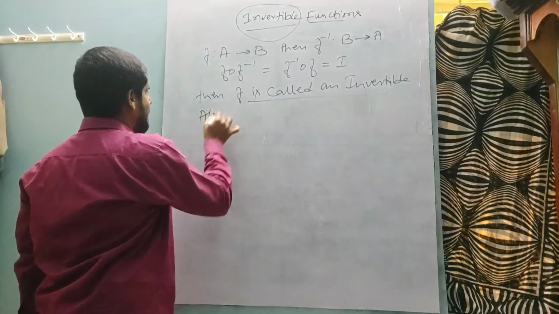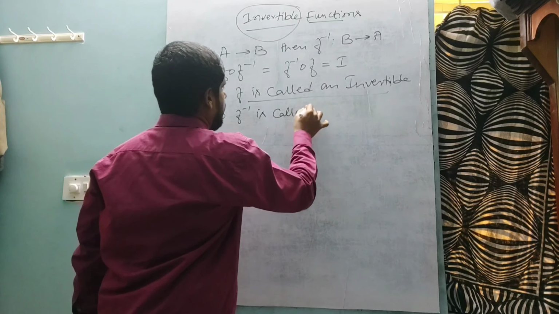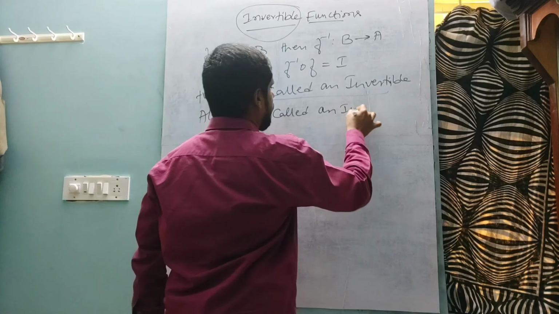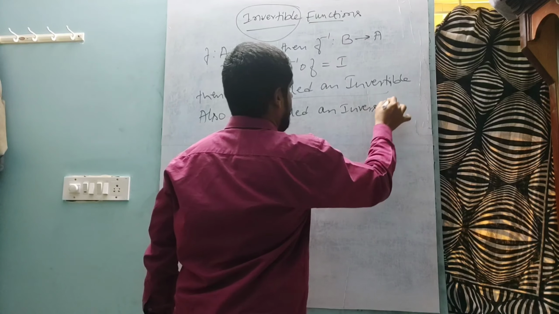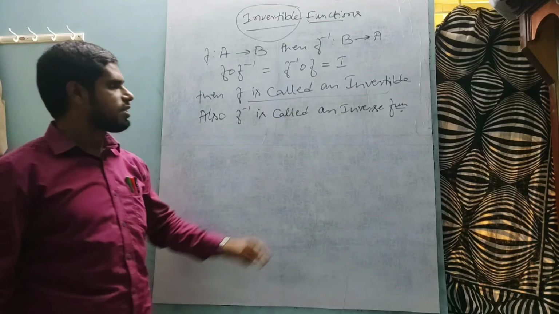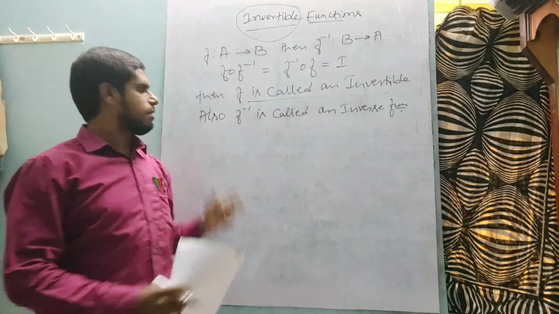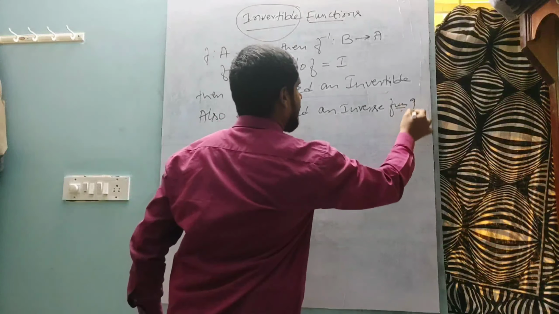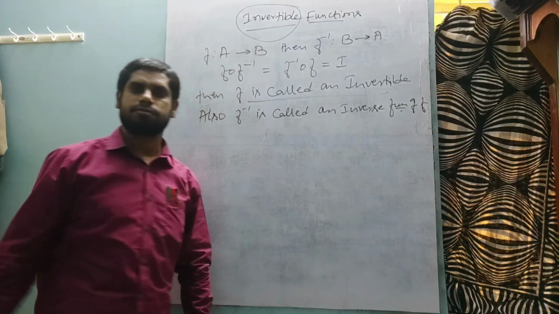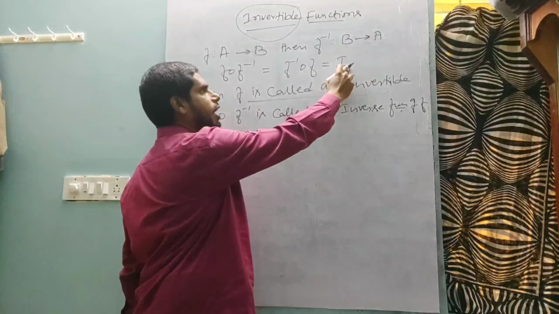Also, f inverse is called an inverse function. f is an invertible function, and f inverse is the inverse function of f, because with f and its inverse we got identity.